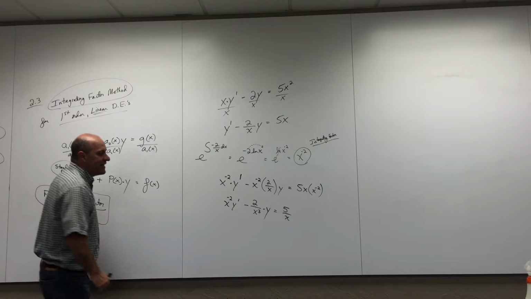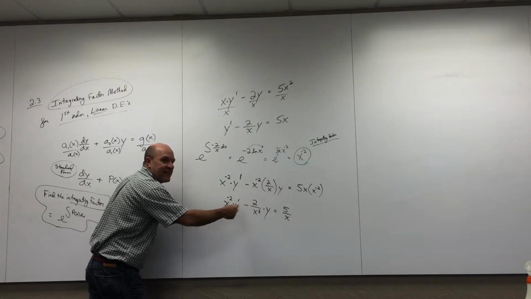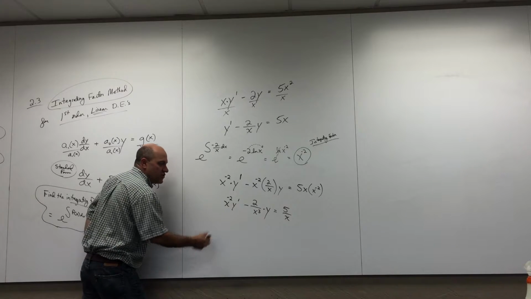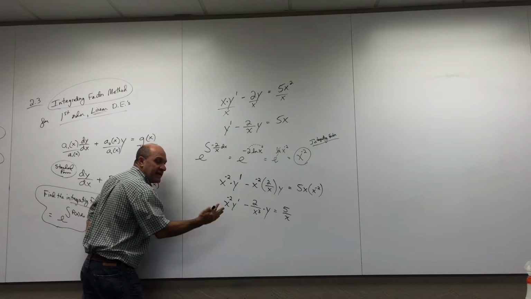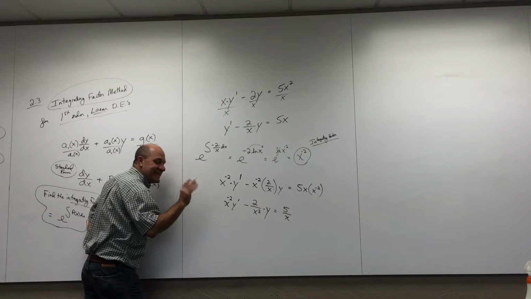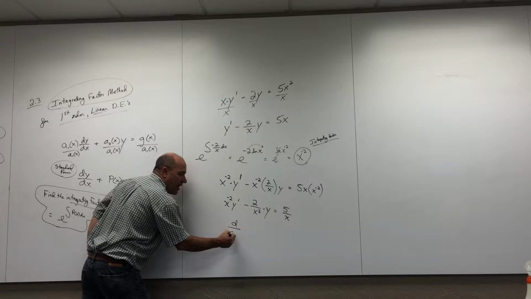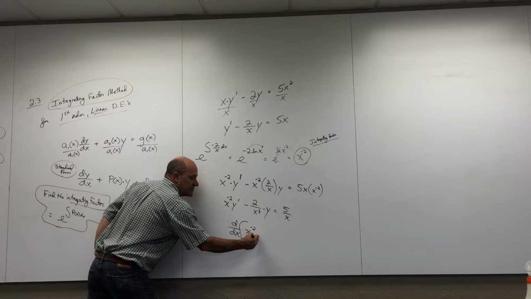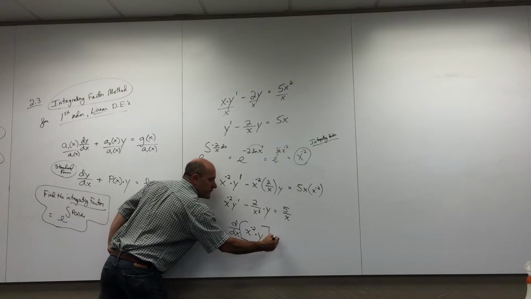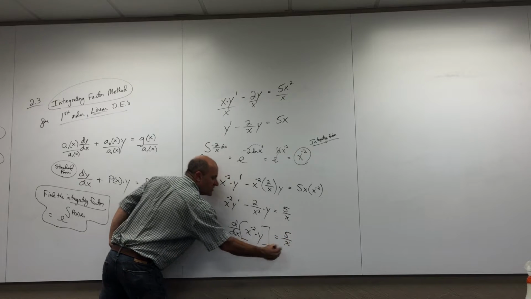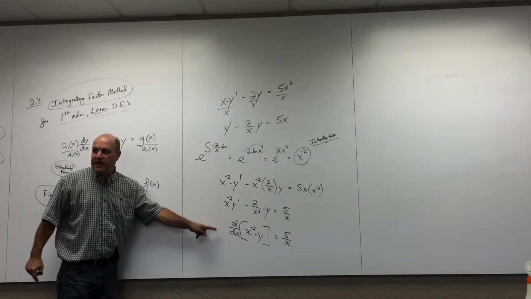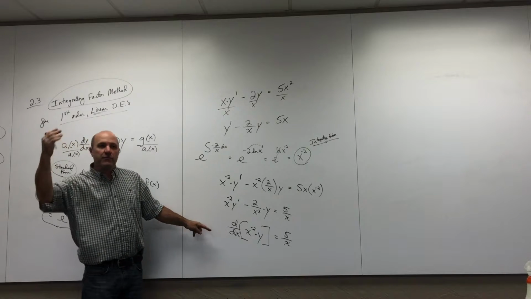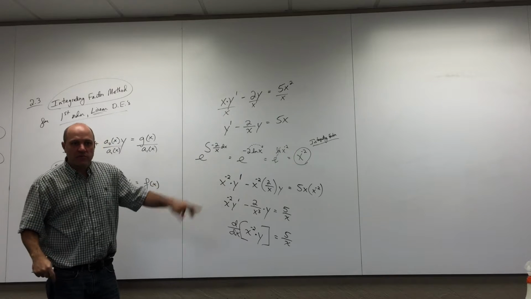It's just automatic. From this step to this step, I just recognized that the left-hand side is the derivative of the product of the integrating factor times y.